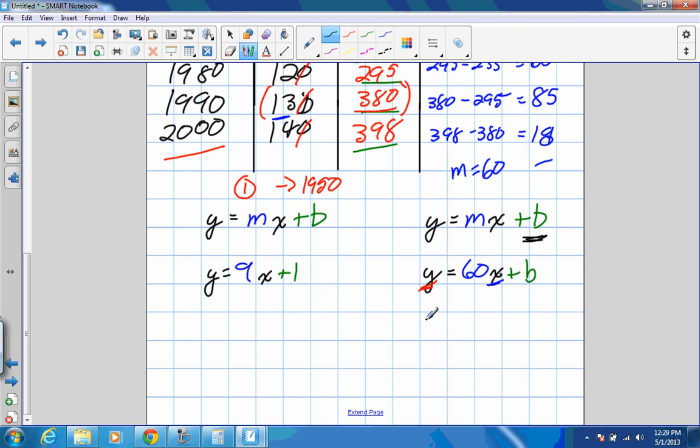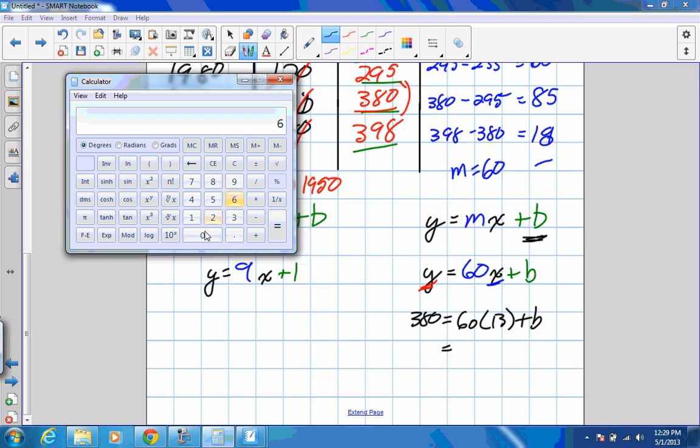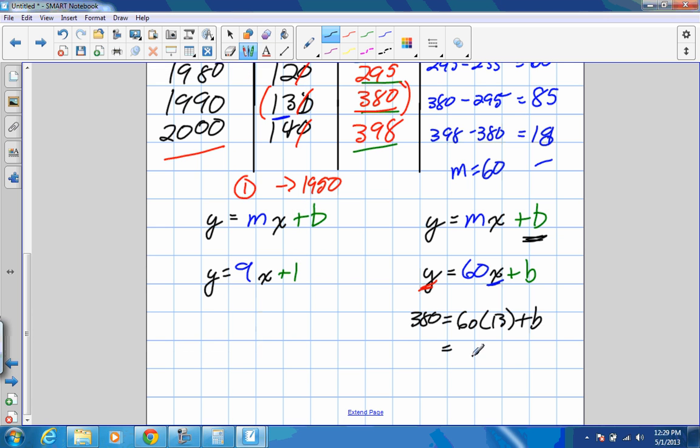So we get 380 equals 60 times 13 plus b. Let's get our calculator: 60 times 13 is 780. 780 plus b is equal to 380. We bring 780 over, and we end up with a b value of negative 400.